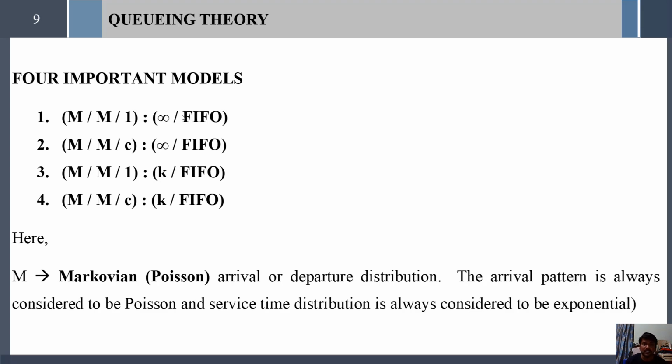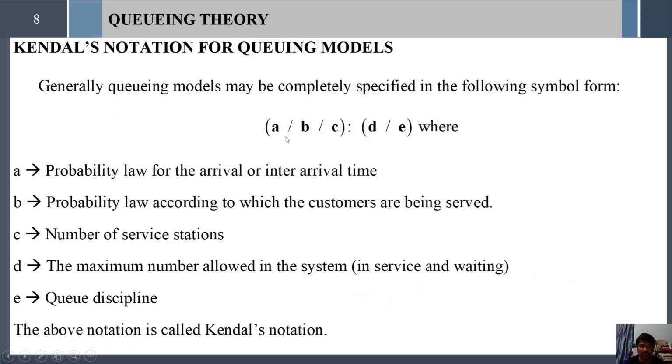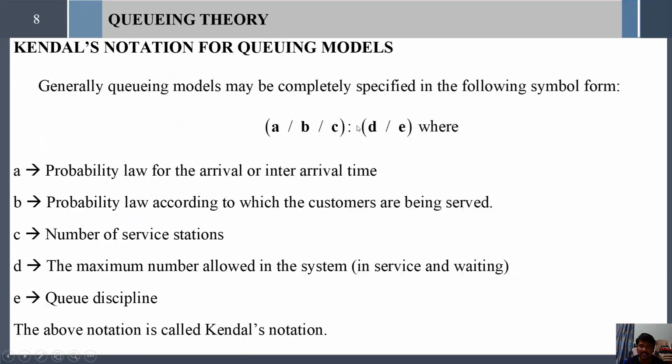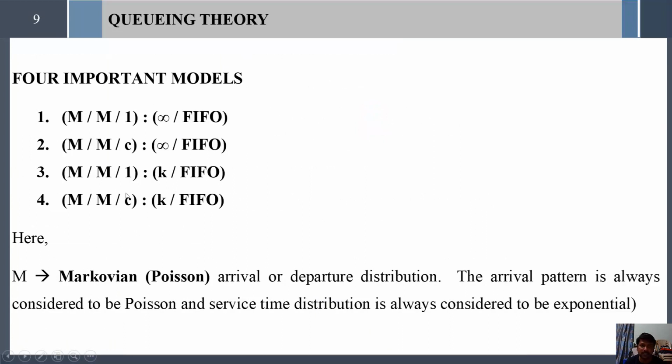And the last one, as per the construction of the formula, is the number of service stations. So here the number of service stations is 1, and this infinity place goes to D. This D is nothing but the maximum number allowed in the system. So here an infinite number of customers can be allowed in the system.